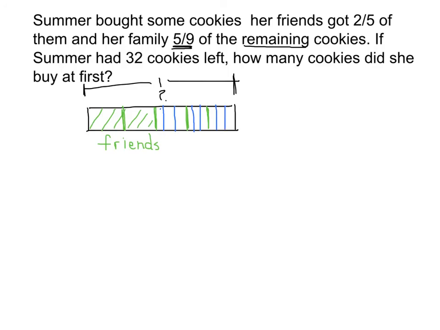So we took the 3/5 that was left over and split them into 9 equal parts. And then the story says that her family got 5 of those 9s. So that's 2, 3, 4, 5 of those 9s, and that's what her family got.